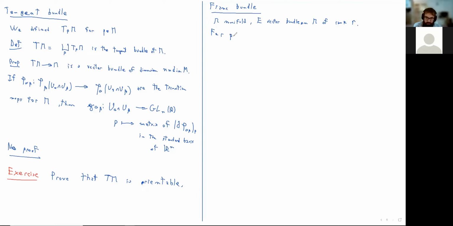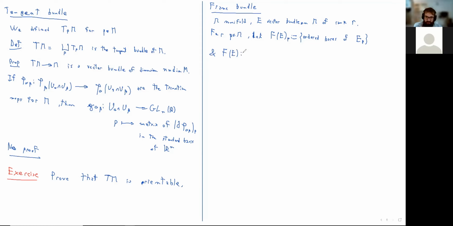And now for P in M, let F(E), which of course stands for frame of E, at P, be all possible ordered bases of E_P. So E_P is a vector space, so we can talk about bases, and not just a set but ordered bases. So I care about which one is the first, which one is the second, and so on.